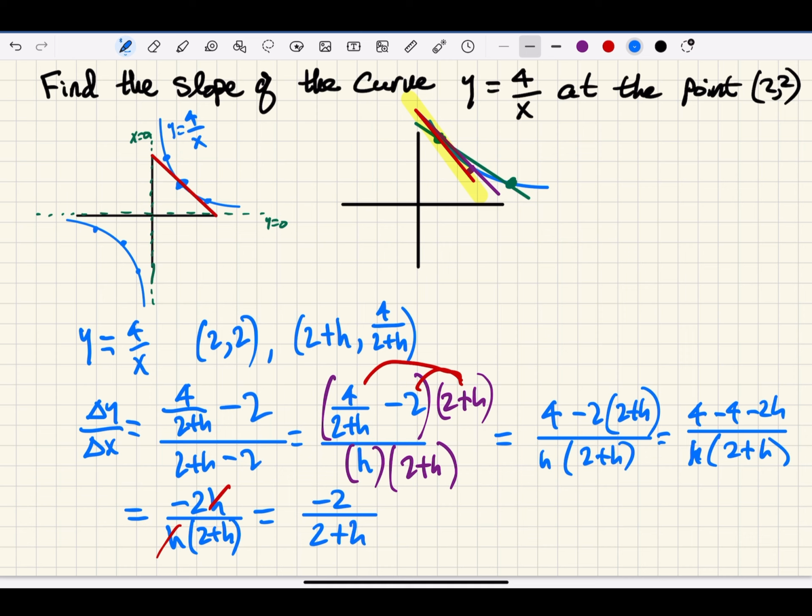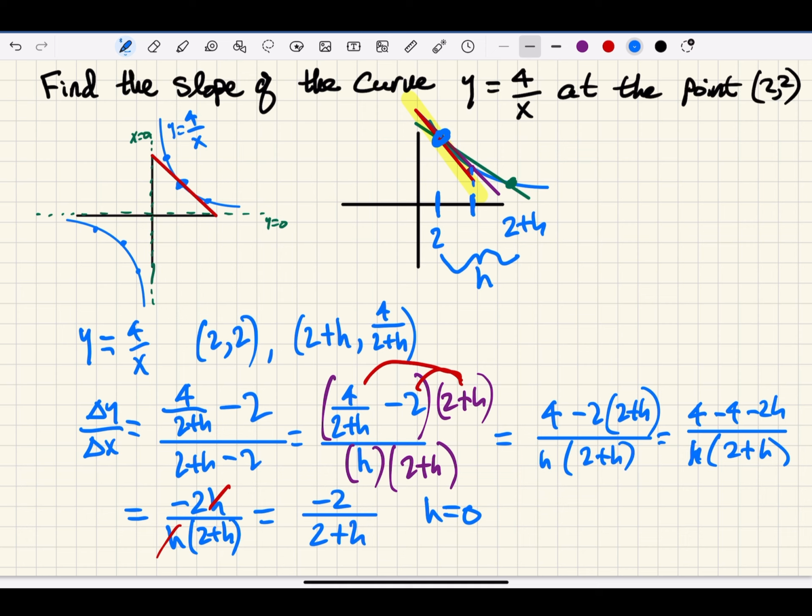And now we can substitute 0 for h, since we would no longer have a 0 in the denominator once we've done that. Remember, what we're doing is we're taking this point, which in this case is 2, and then we're adding this distance h, which puts us at 2 plus h. And then we're making that distance get smaller and smaller until it goes to 0, and we are left with only the 1 point.